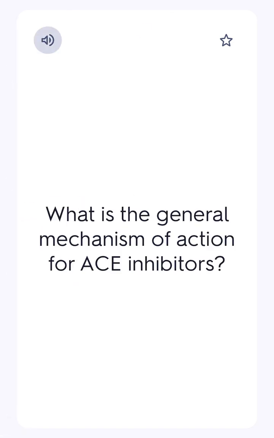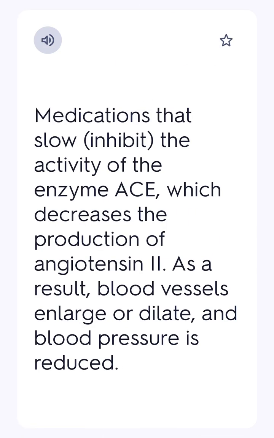What is the general mechanism of action for ACE inhibitors? Medications that slow the activity of the enzyme ACE, which decreases the production of angiotensin II. As a result, blood vessels enlarge or dilate, and blood pressure is reduced.